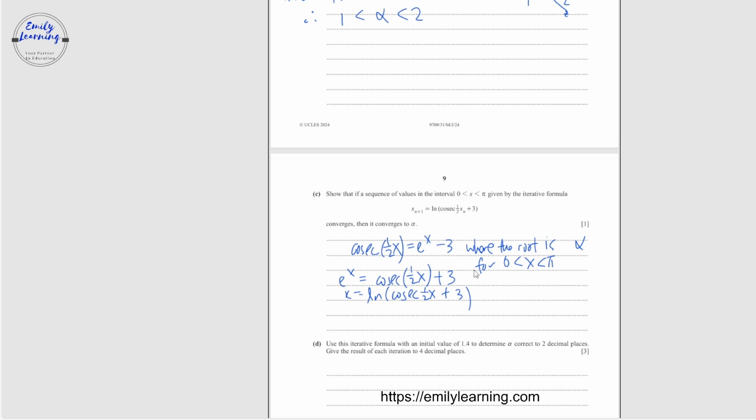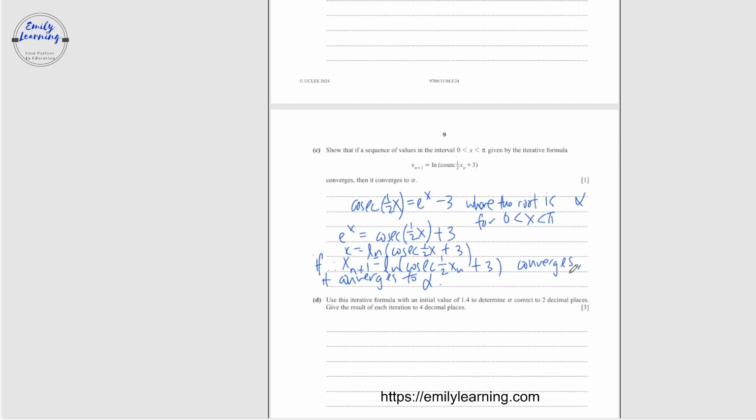So this is the same as this: x(n+1) equals ln of cosecant half x(n) plus 3. Therefore, if this converges, it converges to alpha because we are solving the same equation, just written in a different form.